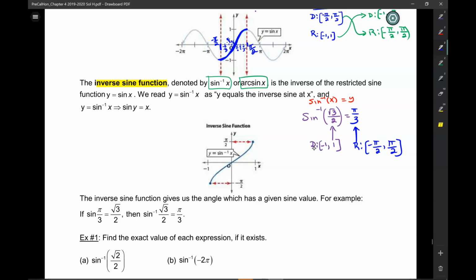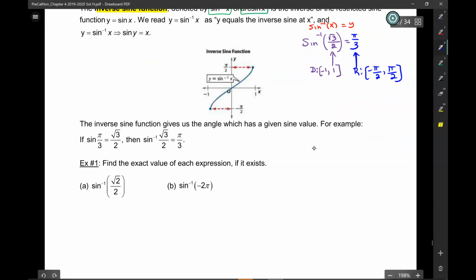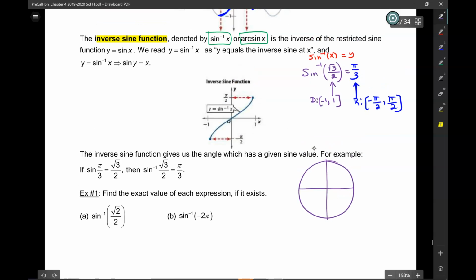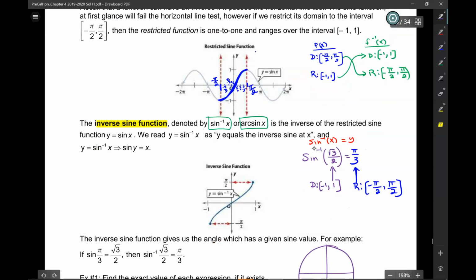The answer to one of these problems, there are only 9 possibilities, and the 9 possibilities are these values. In another graphic, if we wanted to show it in another way, here's the unit circle that we all know and love. Here we said this only exists from negative pi over 2 to pi over 2.